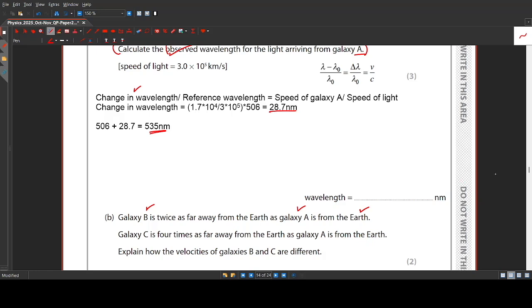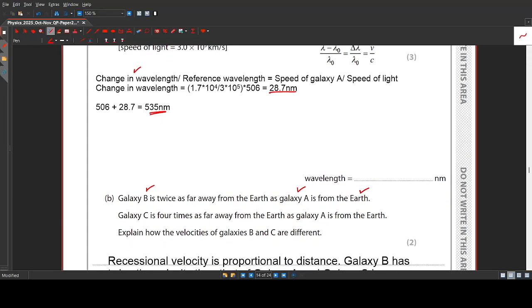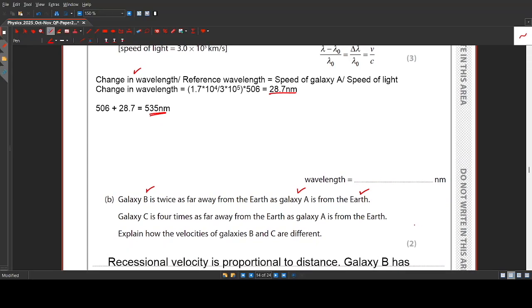So we will have to compare how the velocities of galaxies B and C are different. Now, we know that the recession velocity is proportional to distance, according to Hubble's law, which is v equals H naught d. I hope you obviously know Hubble's law: the recession velocity is proportional to distance. So the greater the distance, the greater the velocity.